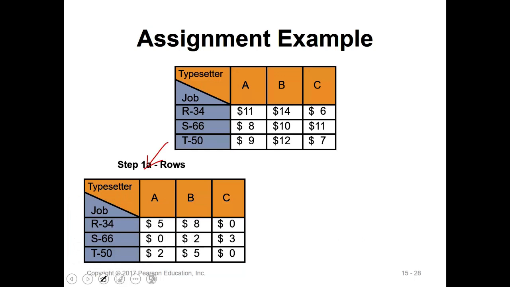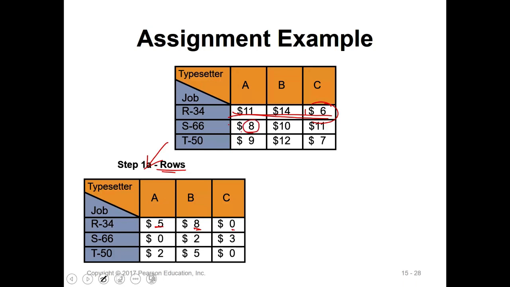Subtract the lowest number from each row or column. Here we subtract each row. So this row, what is the lowest number? You need to look at here, otherwise you will lose track. What is the lowest number? 6, right? If we subtract 6 from this row, here will be 5. This will be 8. Here is 0. And how about the second row?